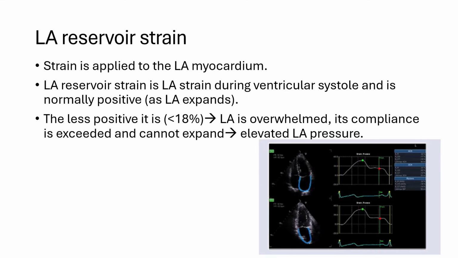That's why LA reservoir strain is a direct correlate of overwhelmed LA compliance and therefore of LA pressure rise, as the LA cannot expand further. Like I explained earlier that E to E prime correlates with LA pressure, LA reservoir strain correlates with it as well. And we measure it in two views, typically the 4-chamber view and the 2-chamber view.